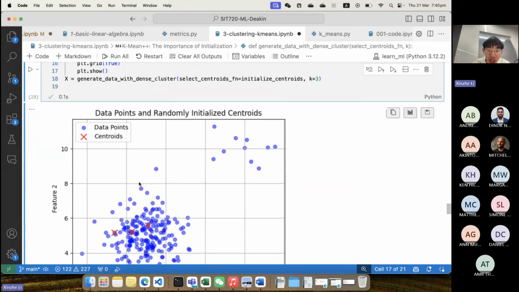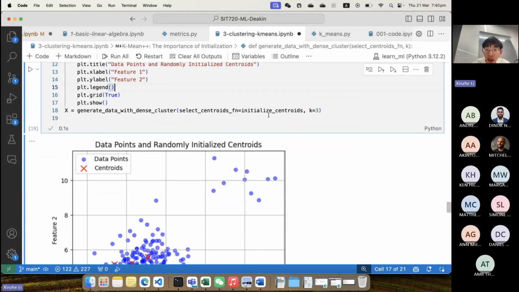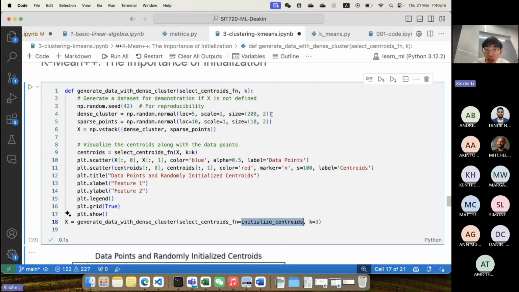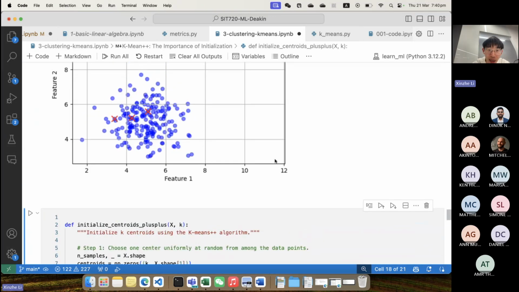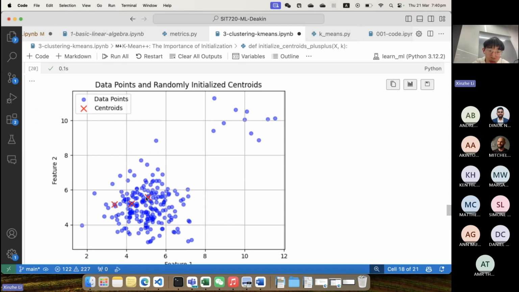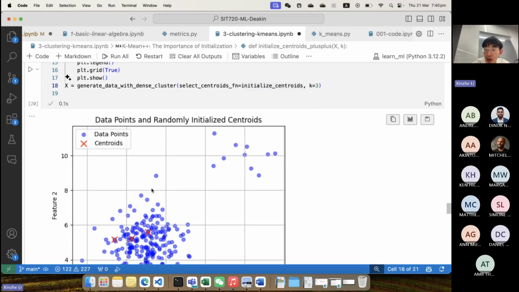Let me show, this is a set of data. I will initialize the centroids with K-means, not K-means++. What can we get? You see, all the centroids are initialized here. No centroids initialized here. Why? Because you use a random choice.